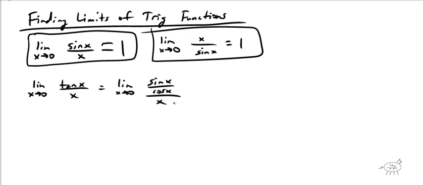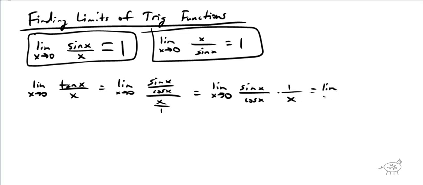I'll put x as x over 1, which helps me see how to rewrite it: the limit as x approaches 0 of sine of x over cosine of x times the reciprocal, 1 over x.